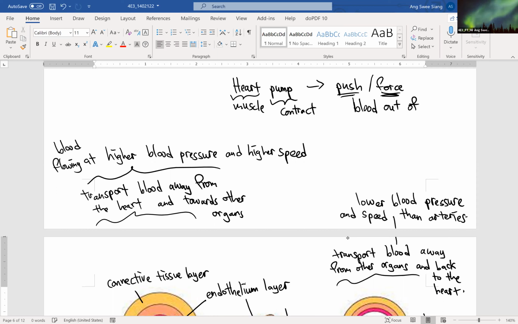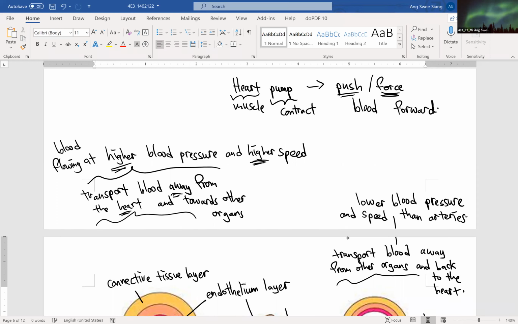Actually not out of the heart all the time, forward. When the different chambers in the heart contract, they push or force the blood forward. This is also the reason why you have higher blood pressure and higher speed in arteries, because they receive the blood directly from the heart.